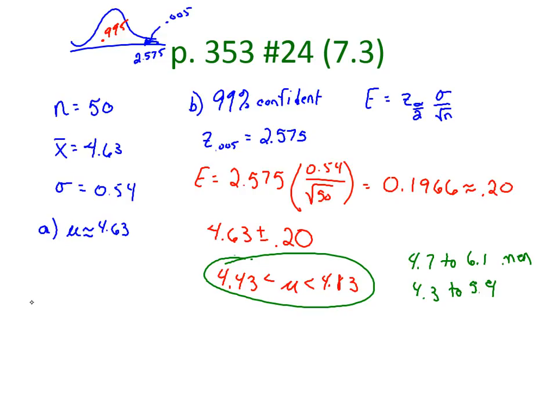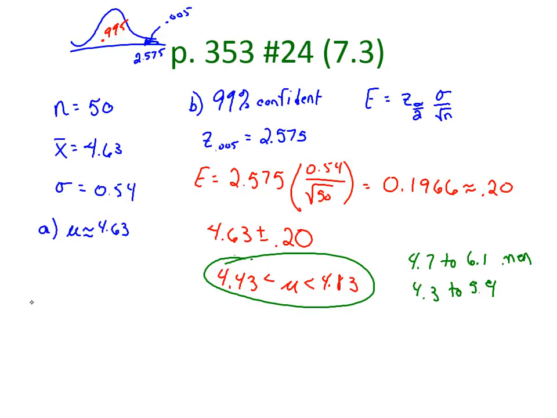And I guess I did forget to ask on this problem, did we meet the criteria that we had to have to be able to use this? Did we have a good simple random sample? It tells me at the very beginning I have a good simple random sample. What was the second one? Was the value of the population standard deviation known?